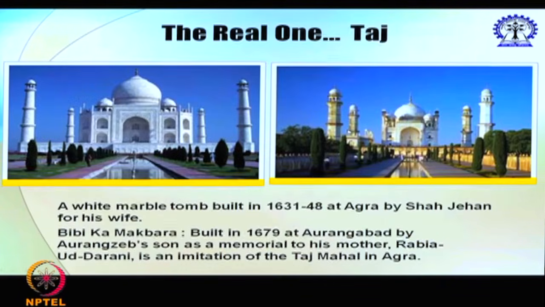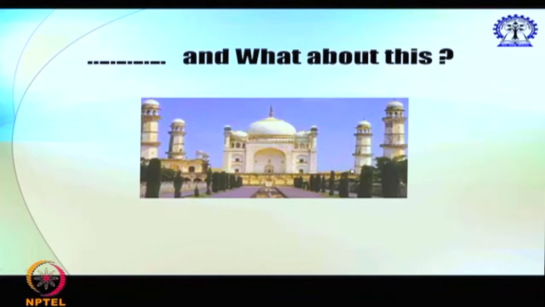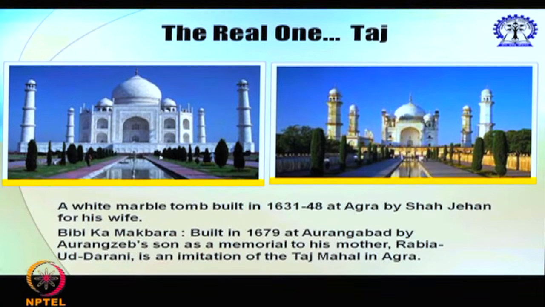Now, if I show you the next two pictures, the picture on the right is the one we have seen earlier, and the picture on the left is something different. When I show you these two, you will immediately say that the picture on the left is the Taj Mahal, and the picture on the right is not really the Taj Mahal, but a monument very similar to it. In fact, this monument is known as Bibi Ka Maqbara, situated in Aurangabad, and built by Aurangzeb's son, but they are very much alike.